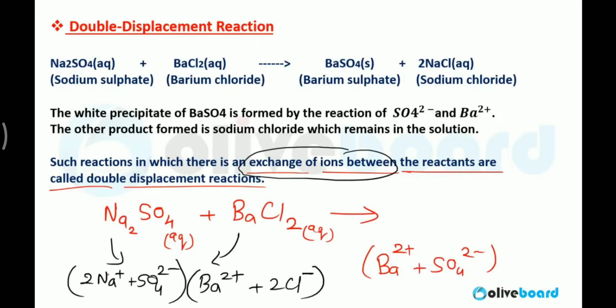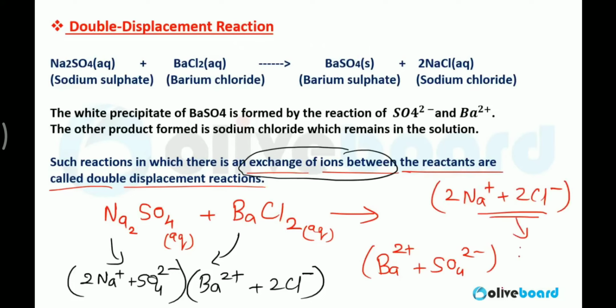Similarly, two Na plus ions are getting two chloride ions.